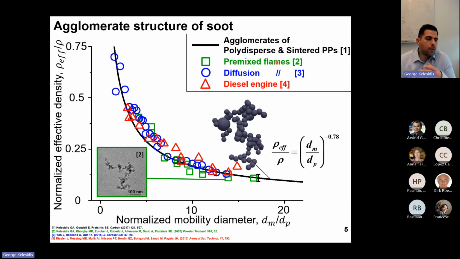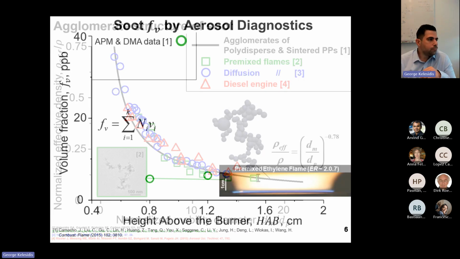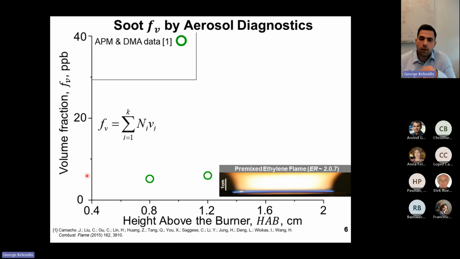So we used these simulated soot agglomerates and this power law over here to assist the monitoring of soot emissions using aerosol diagnostics. In particular, we were interested in monitoring the soot volume fraction as a function of the height above the burner in the premixed ethylene flame conditions that I showed you before.